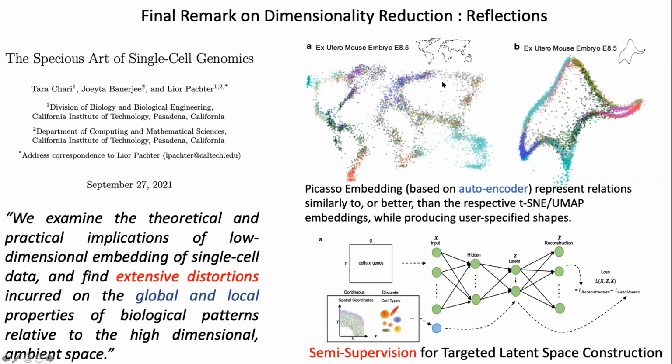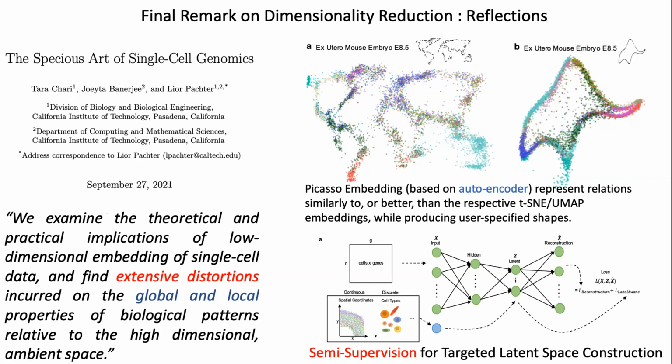They think this is arbitrary, because for example, they can embed the data into a world map or this elephant, and they call this spacious art. After they do this, they make some analysis, and based on their metrics, even if they do it this way, it is not worse than t-SNE and UMAP under certain metrics that quantify global or local properties. That's why they say, if you think this is spacious art, then how about t-SNE and UMAP? Is that really scientific?